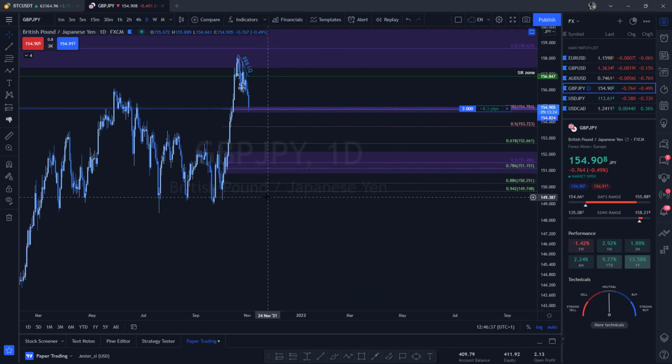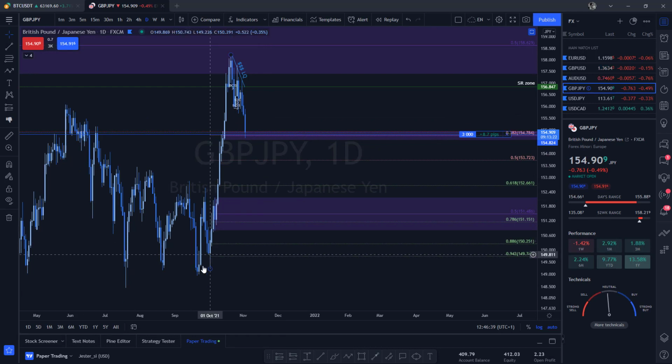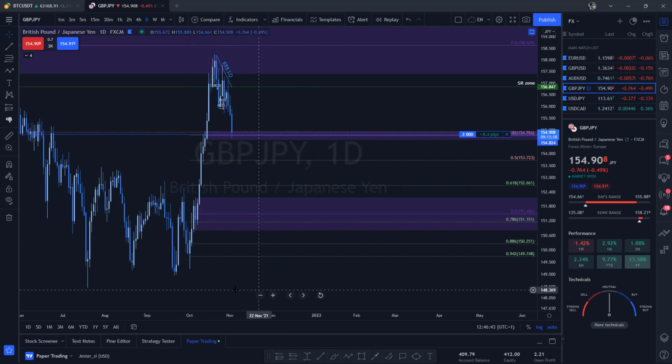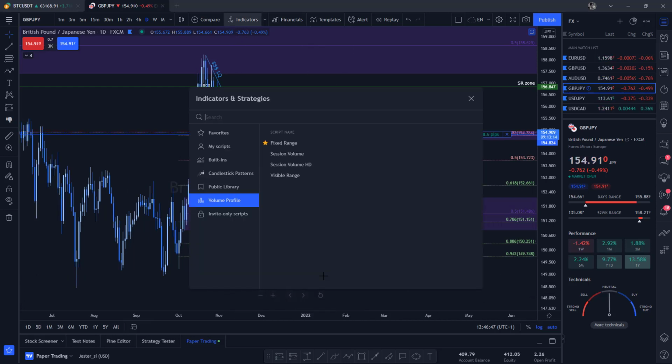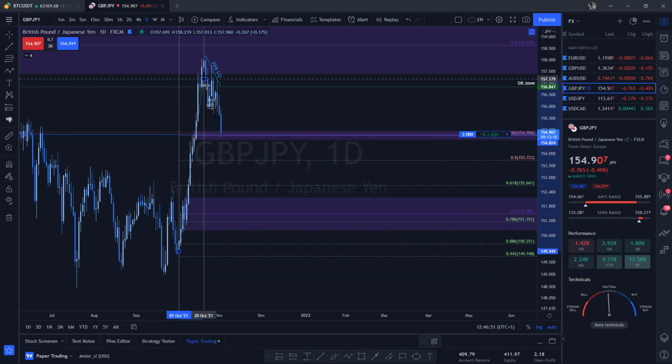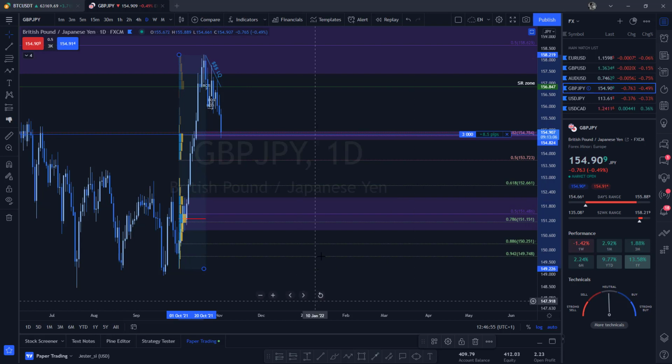Okay, this was this big swing up, and let's take a look at the volume profile also on this move. This is the high. So the volume is pointing to this zone, and there is imbalance here.